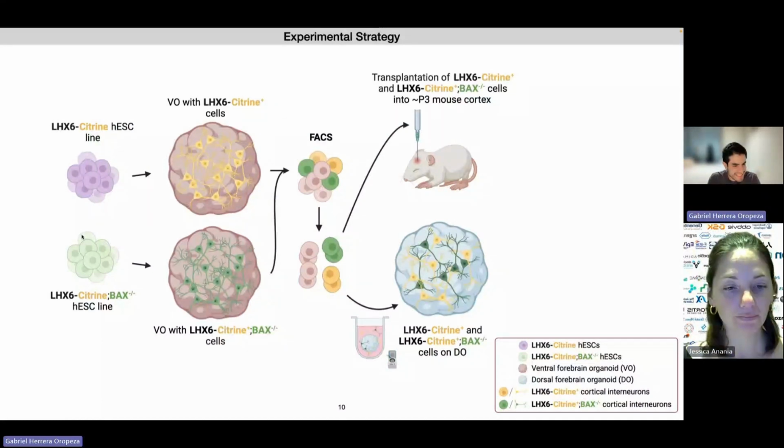So basically, these cells will not go through cell death. So it's basically to have a control cell line. We would expect the wild type cells to go through cell death and the mutant cells to not go through cell death.